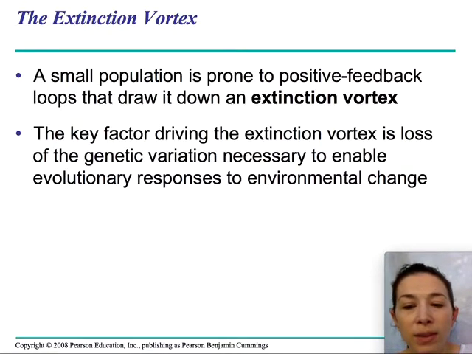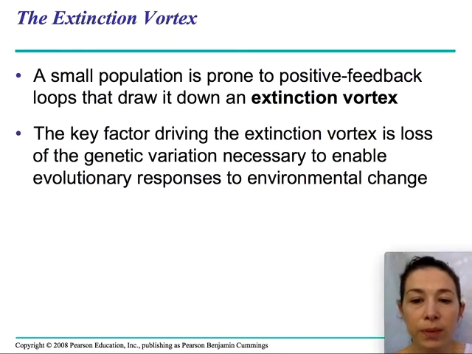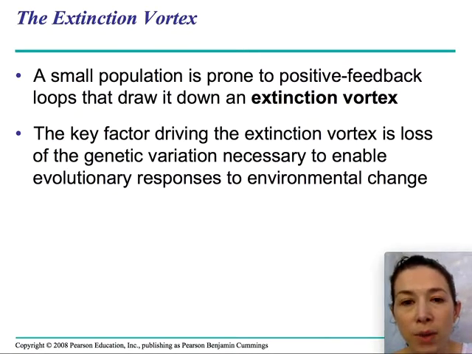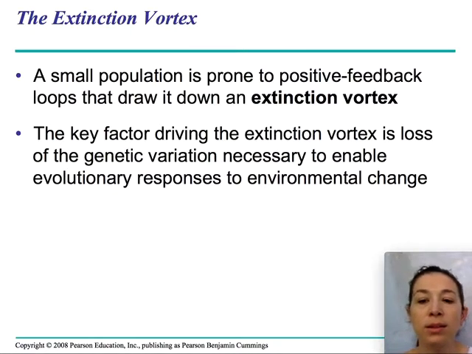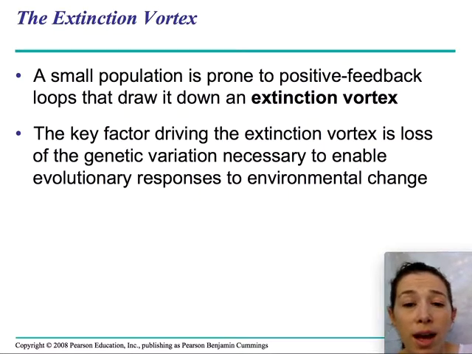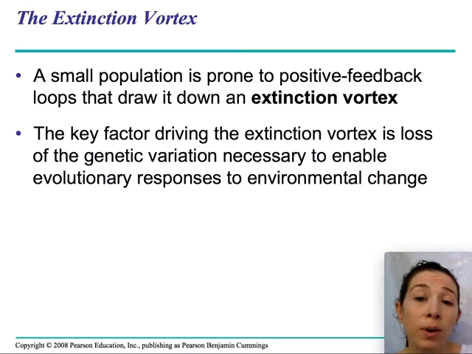So what happens is when you have a very small population, you enter this extinction vortex. And part of the problem is that the remaining individuals have a complete loss of genetic variability. And if you remember in our original lecture when we talked about biodiversity and natural selection and genetic variability that is required for natural selection, here's where it comes into play again.